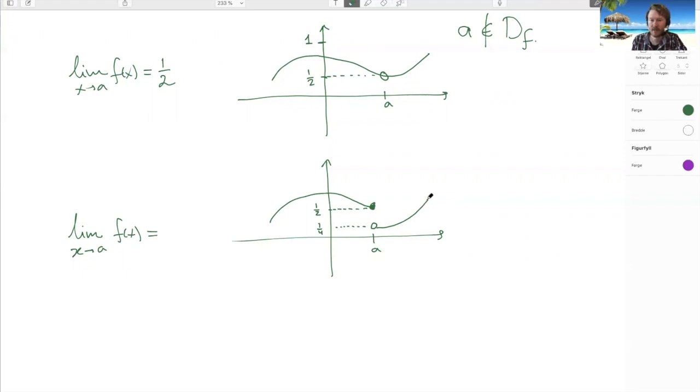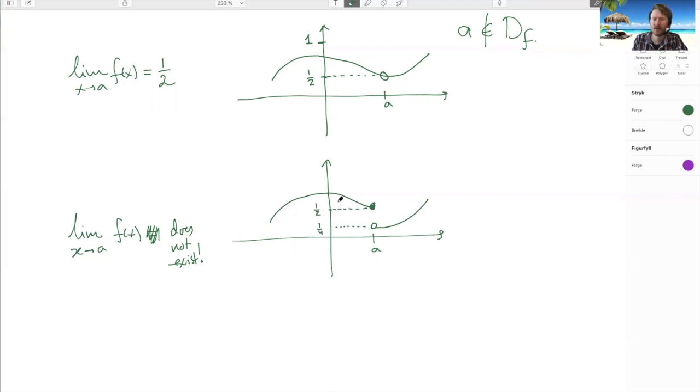It still guides us. So when I come from this side, I want to approach a quarter. If I come from this side, I want to approach a half. So this gives me a different value depending on which side I come from. So what does my finger say? Well, my finger is confused. And when my finger is confused, that's really bad. So this means here, this limit does not exist. So you can say that whenever your finger is confused, it means that the limit does not exist.